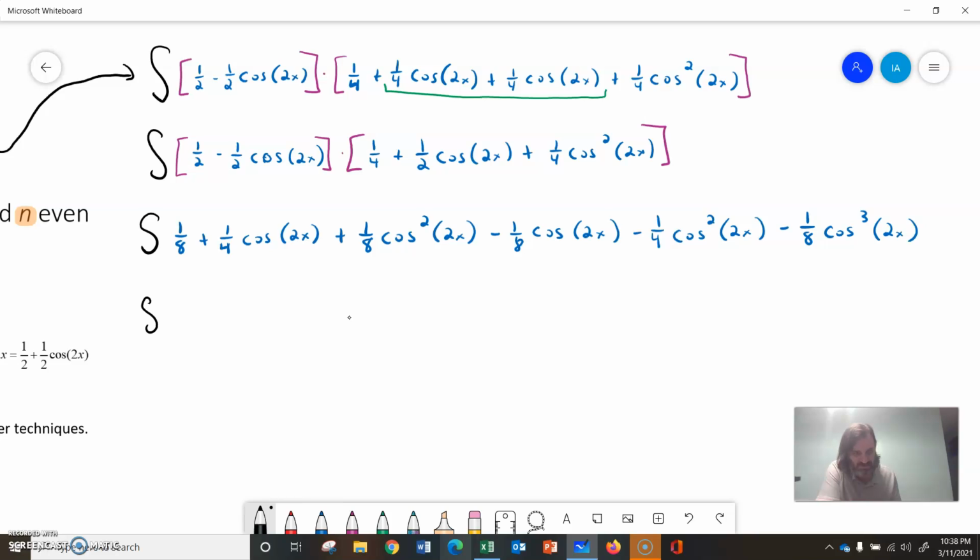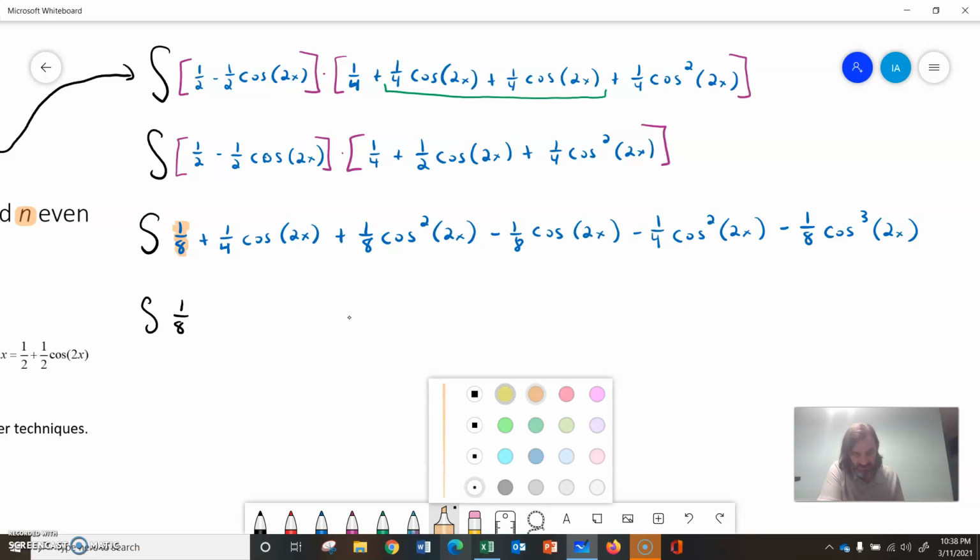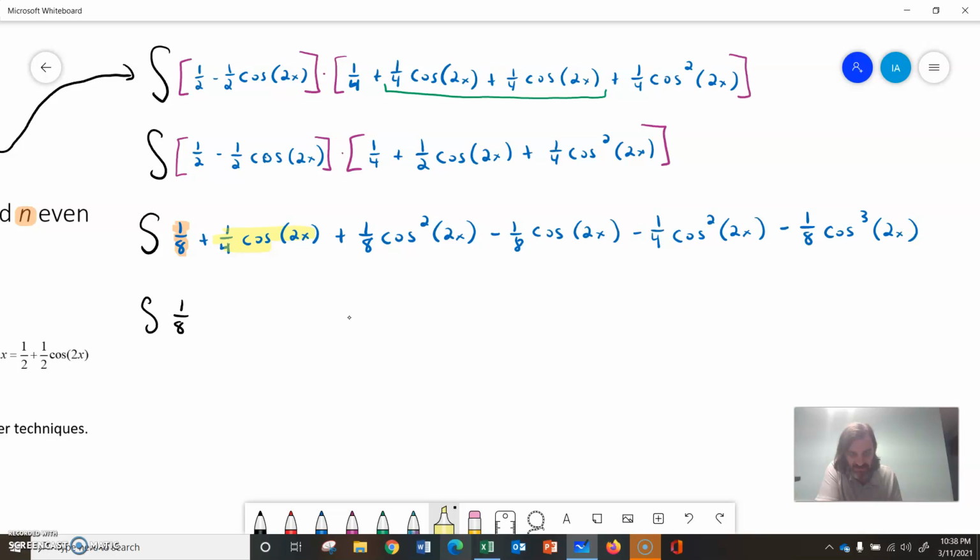Okay, there's only one constant here. So that constant is the 1/8. So let's just pull it down. So we've got the integral of 1/8. And now let's see, what else do we have here? We've got a cosine of 2x, 1/4 of those. We've got a minus 1/8 cosine of 2x. So 1/4 minus 1/8 is plus 1/8 cosine of 2x.